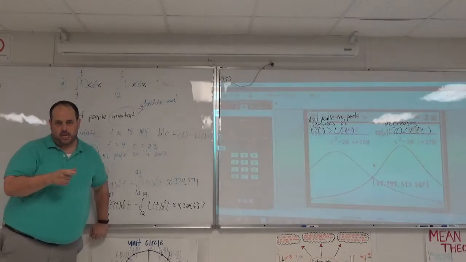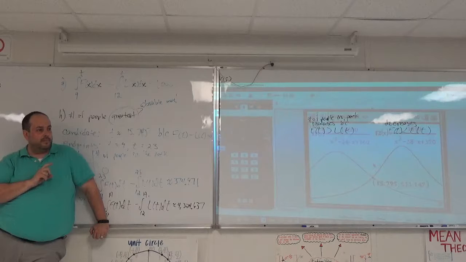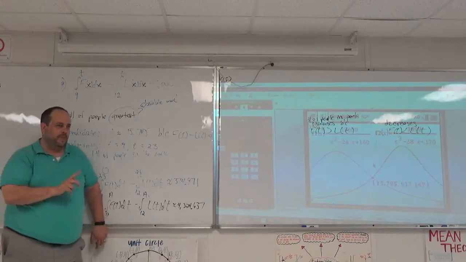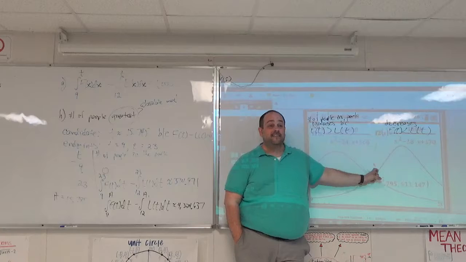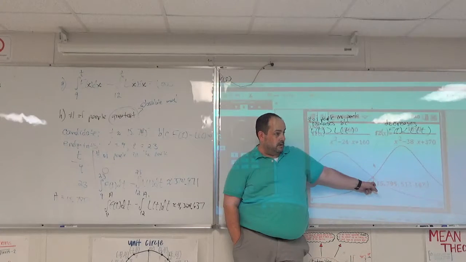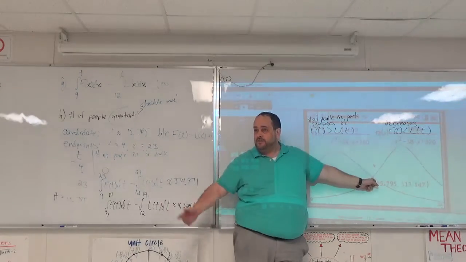Why? Carmen, why? Because it's the only point where it changes signs. Okay, the word "it" kind of throws me off a little bit there, okay? What's happening at 15.795 that doesn't happen anywhere else? Lewis, what happens at 15.795?